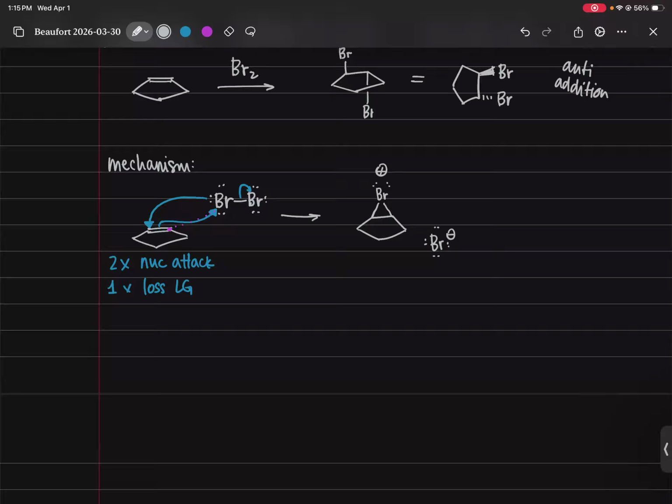You hardly ever see halogens with two bonds. That's normally super illegal. But in this case, it does happen for a very short time. That gives it a positive charge, and then the Br minus, of course, has a negative charge. This weird ion has a name: bromonium ion. So that's our three-membered ring with the Br plus in it.